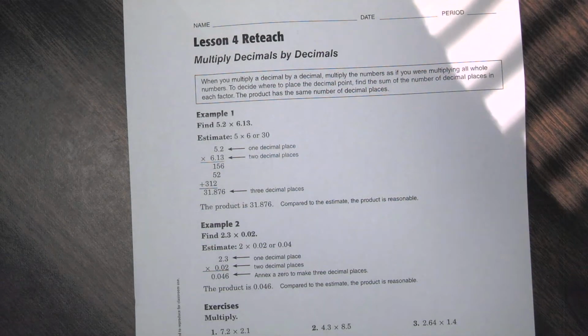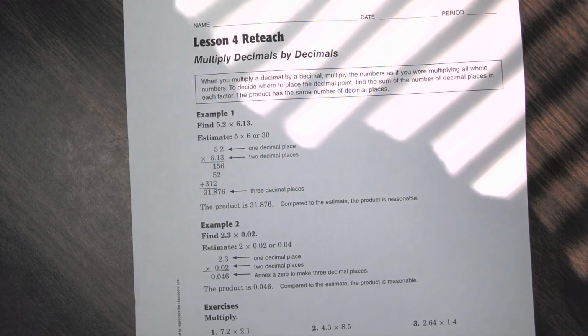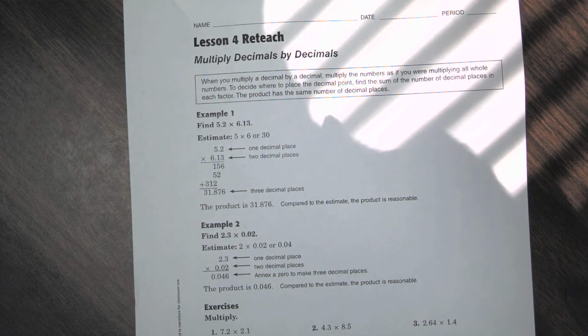Now we're going to be multiplying decimals with decimals. Okay, so nothing changes. The rule is you still are not lining up the decimal points. But you have to remember that you have to move the decimal at the end. So you need to count up how many numbers are after the decimal point so you can move it at the end.